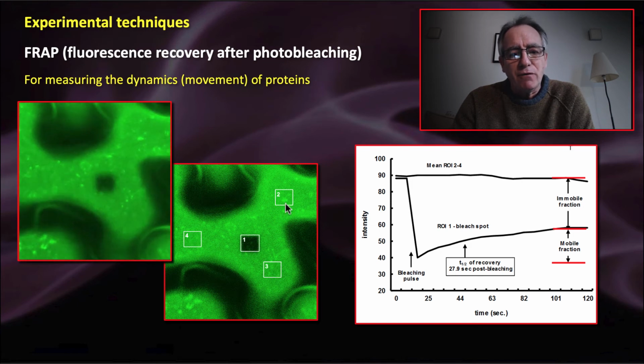I also measure the fluorescence within those regions as a control in this experiment. So if we look at a graph like this one here, this is fluorescence intensity on the y-axis here. And this is time on the x-axis down here in seconds. So the fluorescence intensity, the mean intensity of the green fluorescence in regions 2, 3, and 4 stays level all the way across the experiment.